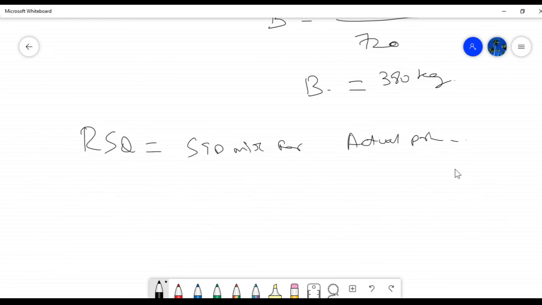So what is the standard mix? Standard mix for actual material used, actual labor used, actual material used.